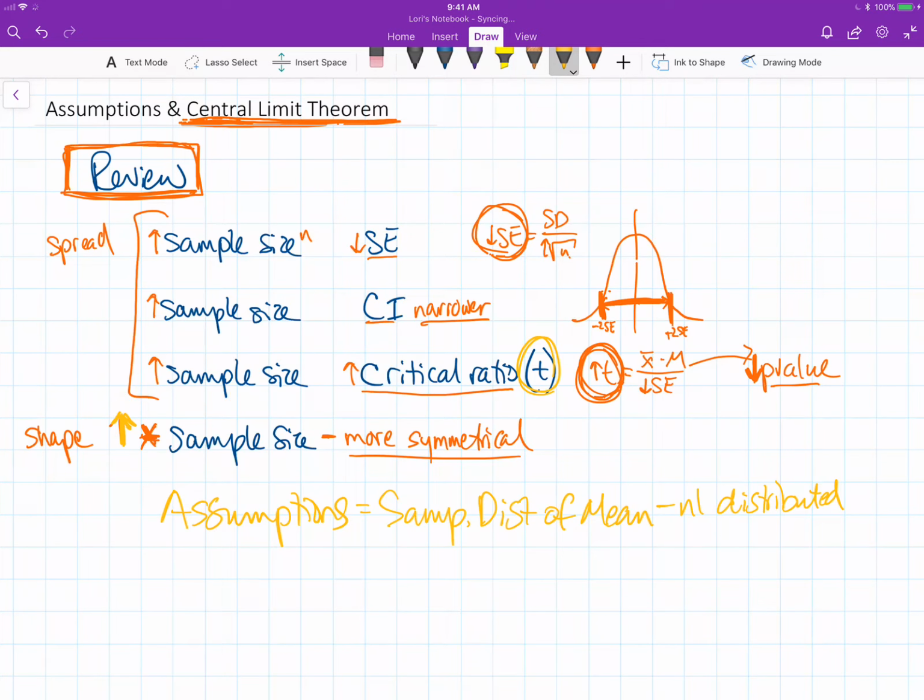So let me show you just really quickly why this matters. Let's just take an example. Let's say that our sampling distribution of the mean is shaped really weird. Let's say that it's extremely skewed.